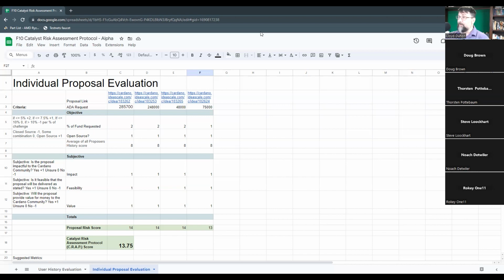Going back to imagining that IO is going to win, and that we have Fund 11, 12, and 13 in the bag, as it were, the community will have access to 50 million ADA in Fund 10, Fund 11, Fund 12, Fund 13. And we will have access to the continuous test net.